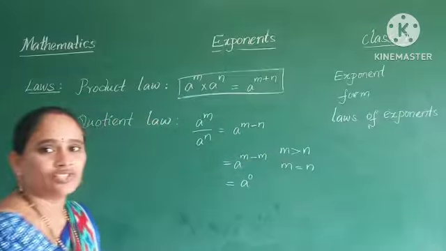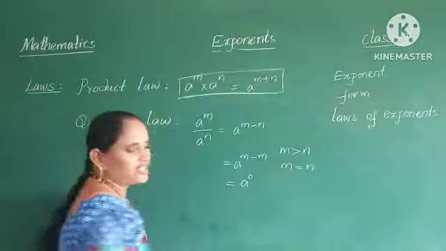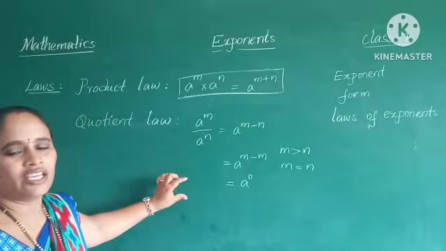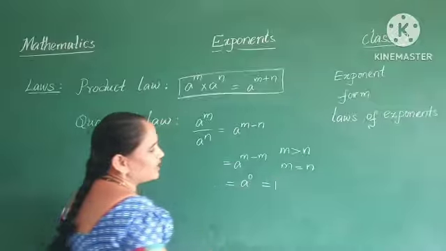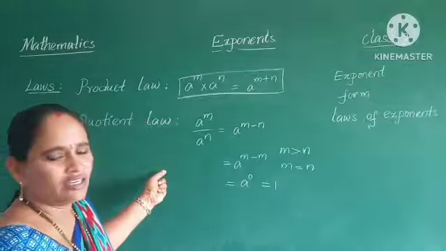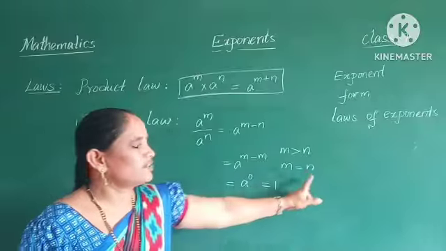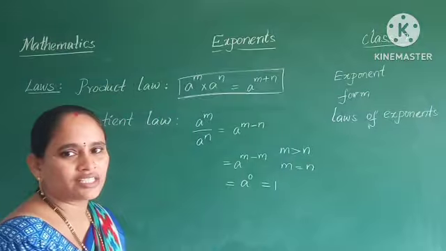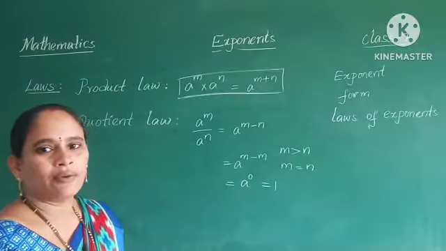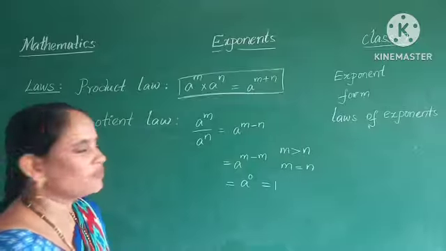A power 0. In exponents, any number or any variable power 0 is equal to 1. So the condition in quotient law, when m is equal to n, then a power m by a power n value is 1.